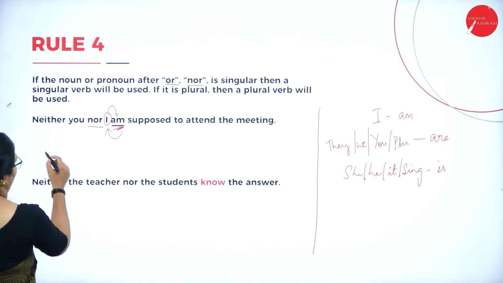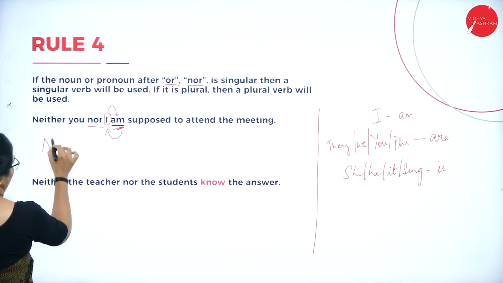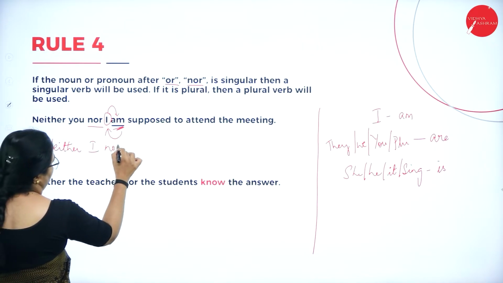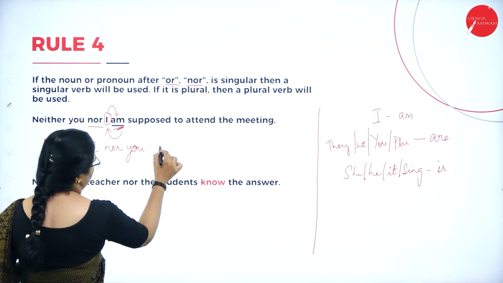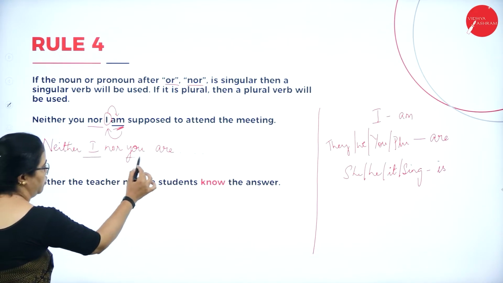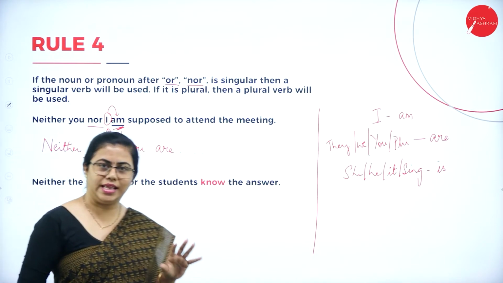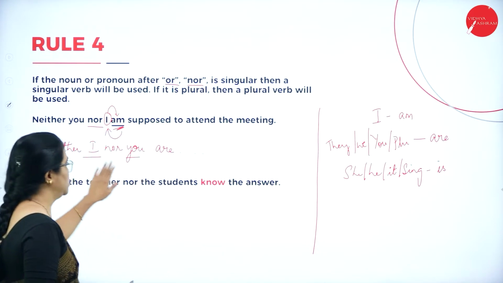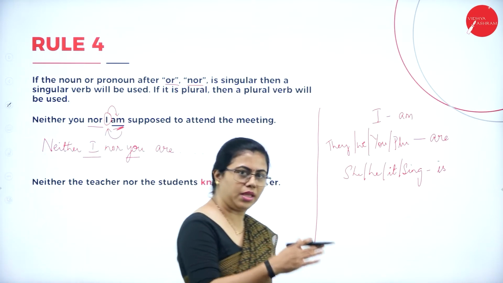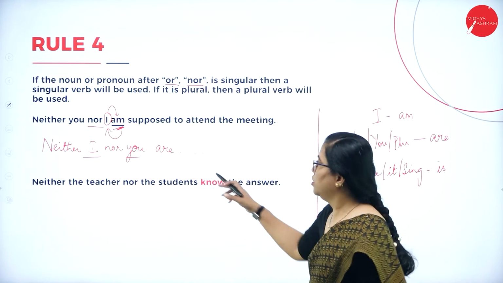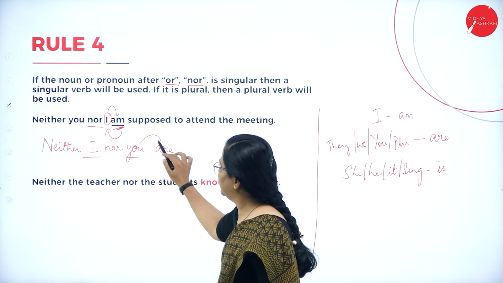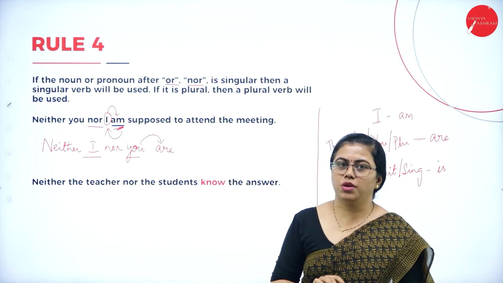Suppose it was "neither I nor you are supposed to attend the meeting." This is not the right way of framing a sentence, but I'm just giving you an example. I is not used in the beginning; I should always be in the second position whenever you are making a sentence. So you have to consider you and then fill the verb that has to be used after that.